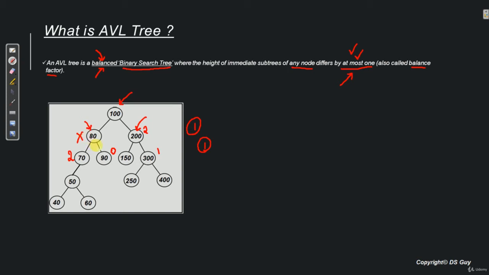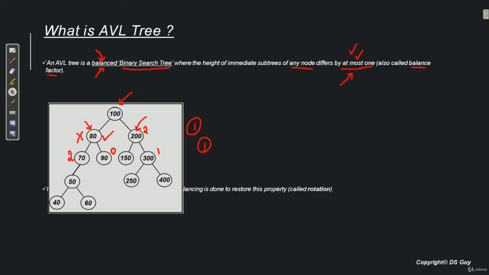Fine. Now you might be wondering: this node does not respect the property of an AVL tree, hence this tree is not an AVL tree, but can we do something so that this node again starts respecting the property of an AVL tree? Yes, we can do that. For that, the concept is that this node will require some rotations.